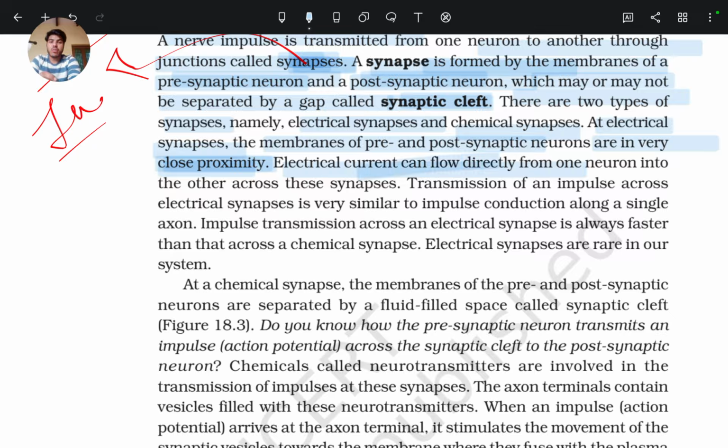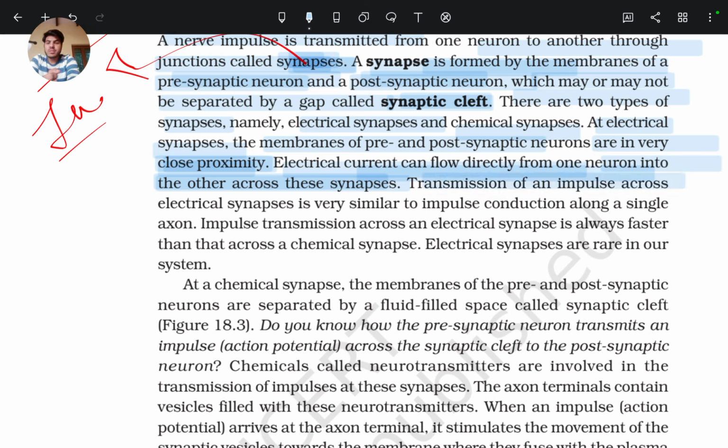Electric current can flow directly from one neuron to the other across these synapses. So the impulse can flow directly from one neuron to the other, because the membranes are directly joined.